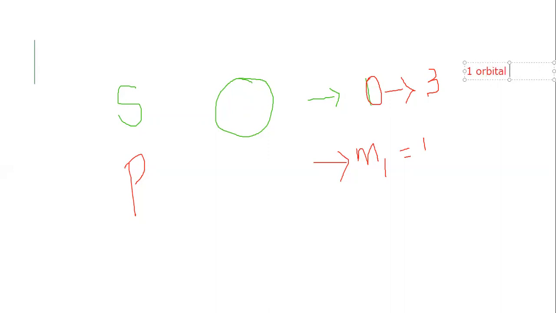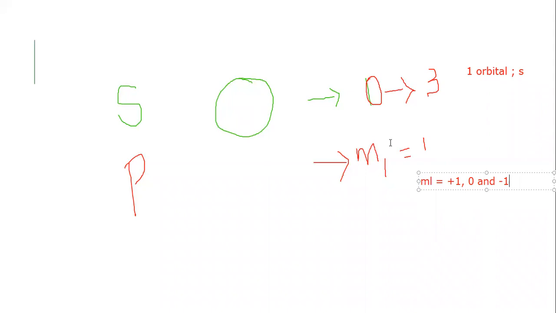When you take the p orbital, you will have what? The ml is equal to +1, 0 and -1.